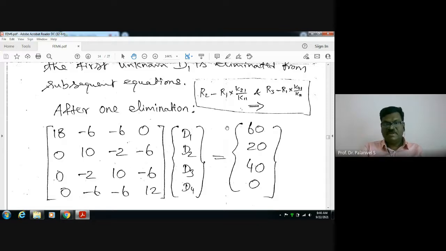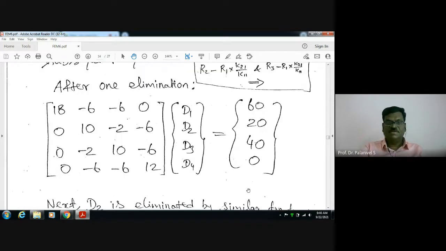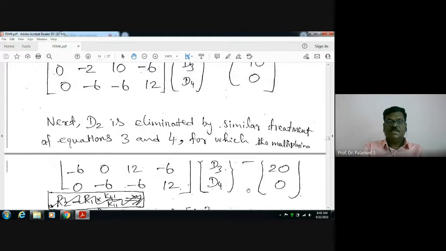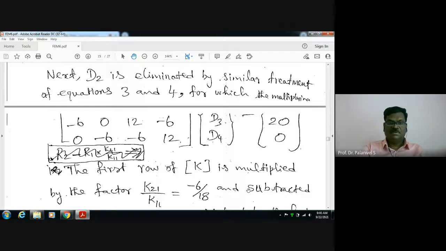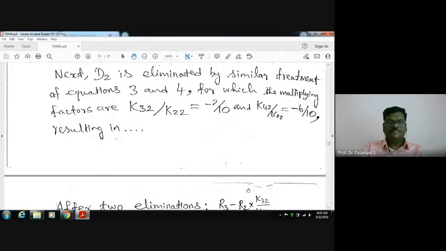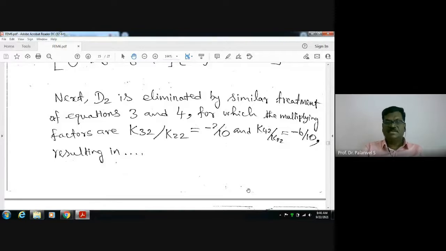This is after one elimination. Next, D2 is eliminated by similar treatment of equations 3 and 4, for which the multiplying factors are k32 by k22 equal to minus 2 by 10, and k42 by k22 equal to minus 6 by 10.